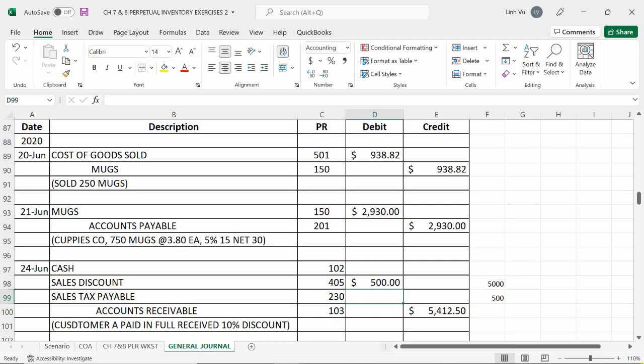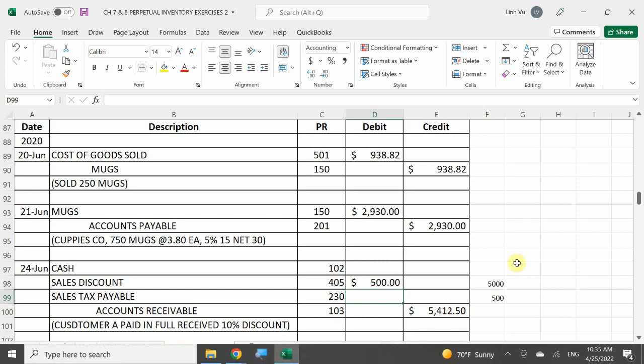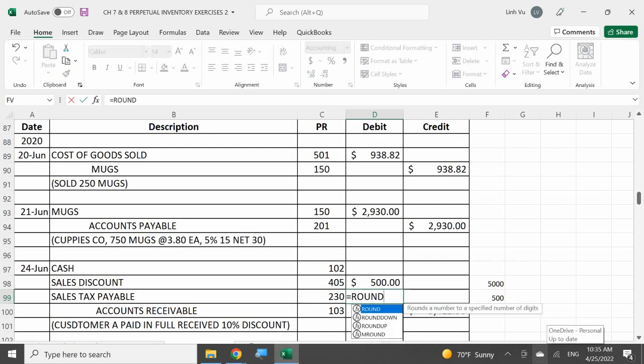So I need to figure out how much tax I have to give back as well. So this is going to be based off of the $500. That's $41.25. Okay. So how much money should I actually be receiving from customer B?